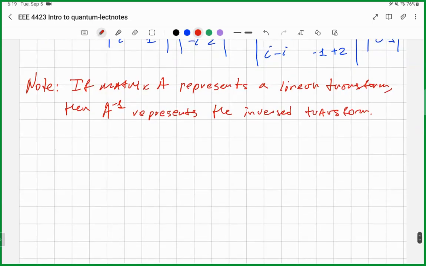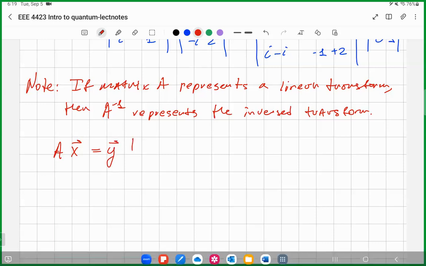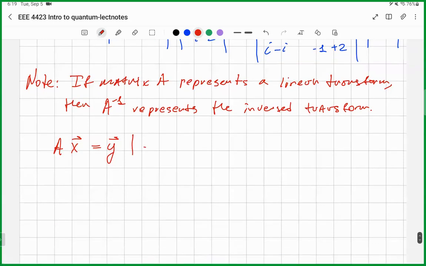For example, if I have this matrix and it acts on the vector x, and as a result I get another vector y, I can multiply this by the opposite matrix, the inverse matrix A, on the left, both sides, right? So I get A minus 1 A times vector x, equal to A to the power of minus 1 times y.